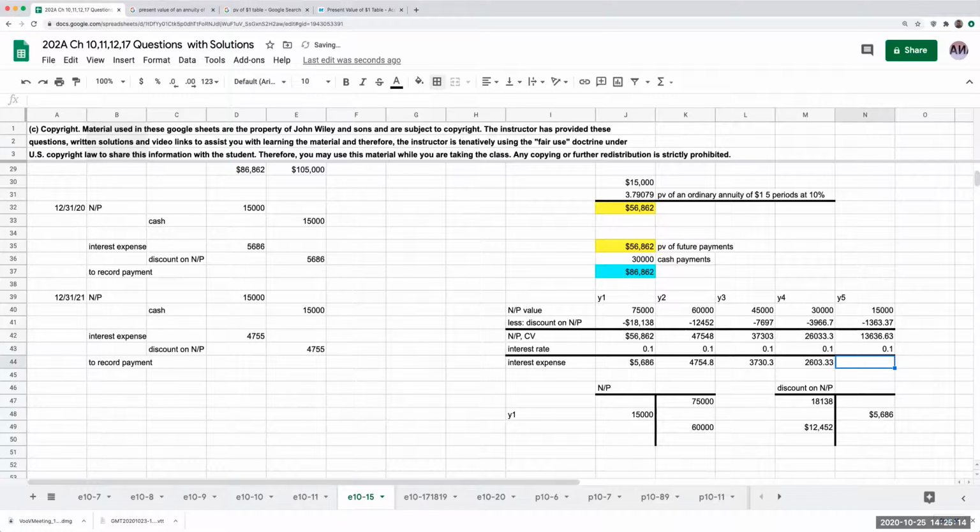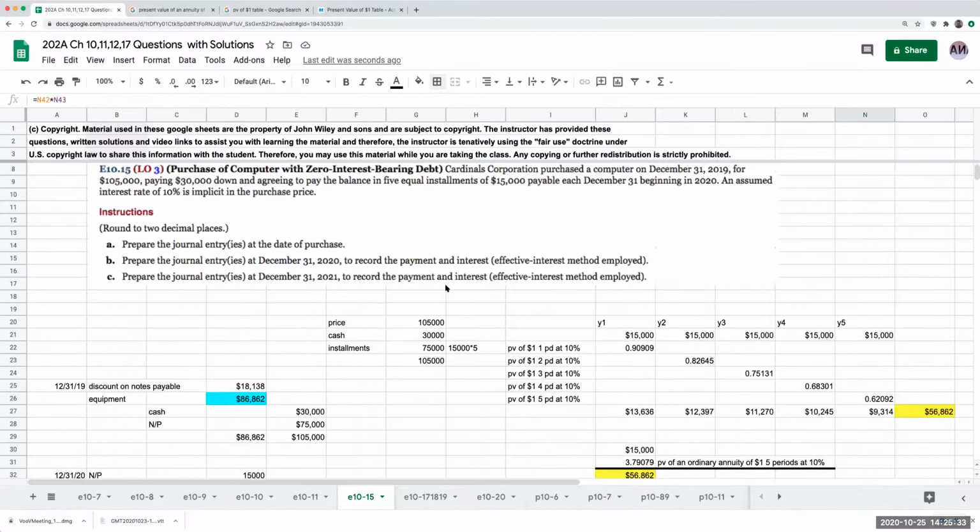And when we get to that very last year, we see that the amount of the interest is the same amount as the discount. So when this final payment is made, you would see this 15,000 go away, and then the discount is amortized down to 0, because that's what has to happen when we go through and do the note.